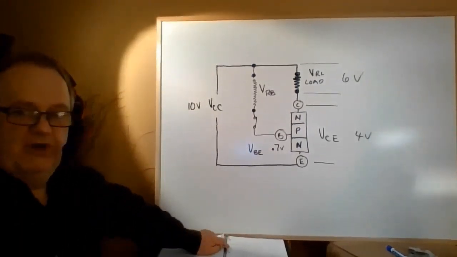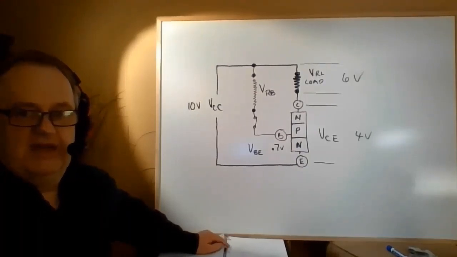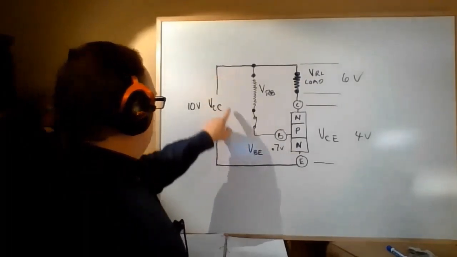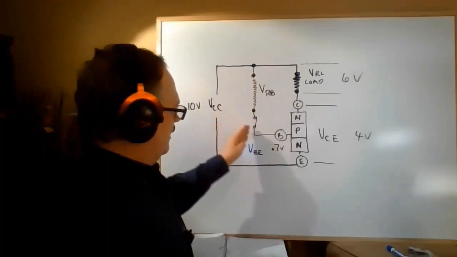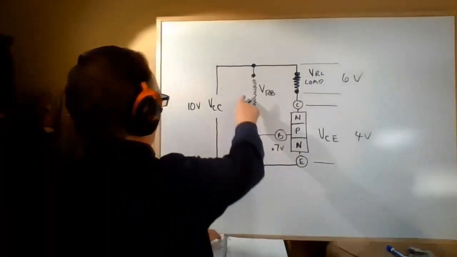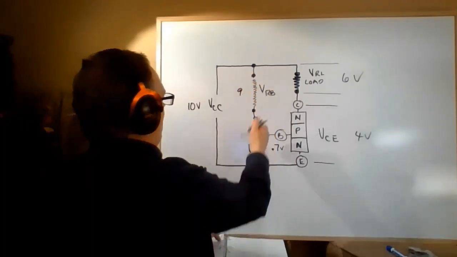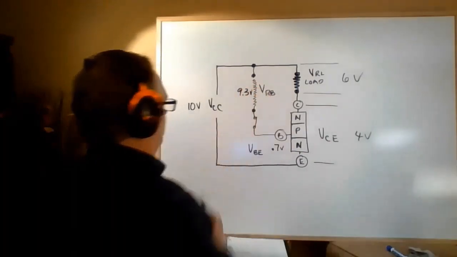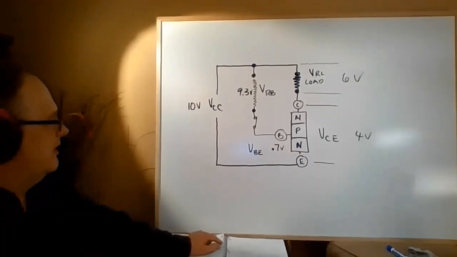The nice thing about this is that as long as the circuit is in its conducting state, somewhere in the active range, this voltage is very easy to calculate because as soon as we pass 0.7 of a volt here, we get some current flowing. Then this is always 0.7, and this is the balance. So this is always 9.3 volts as long as we're not cut off. So it's very easy to do calculations based on that resistance.